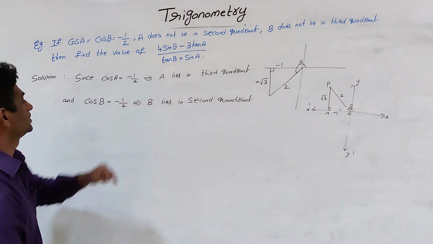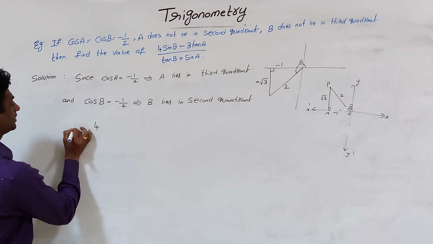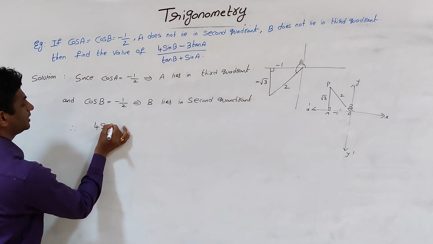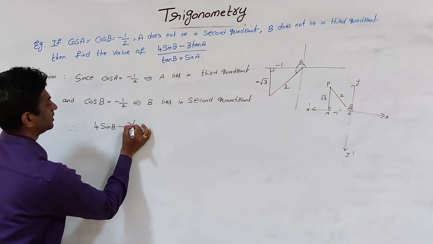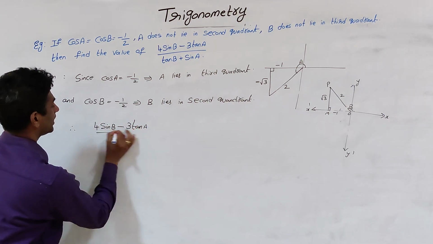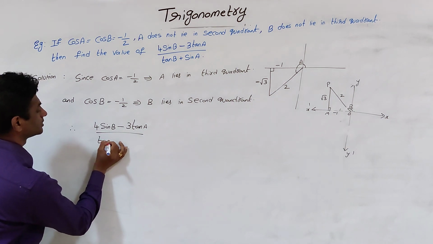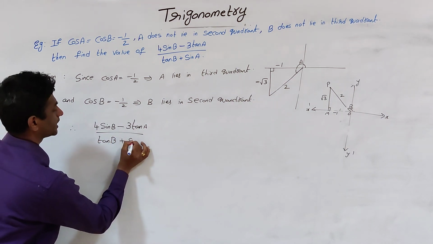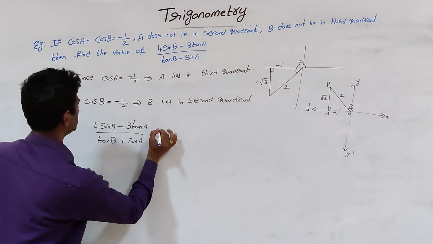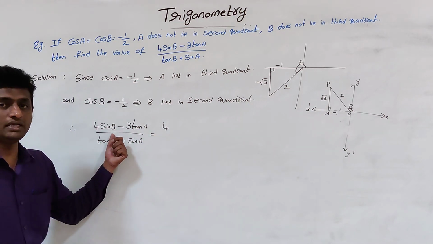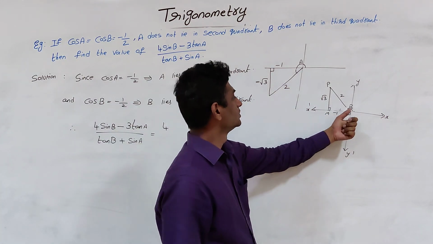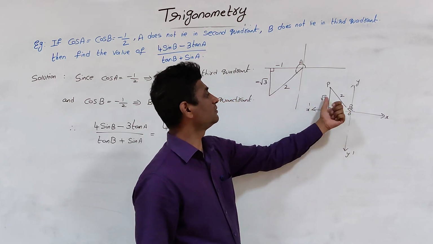Now the question is 4 sin B minus 3 tan A by tan B plus sin A. That is 4 times sin B. Now we have to go for sin B. Sin B is opposite side by hypotenuse.